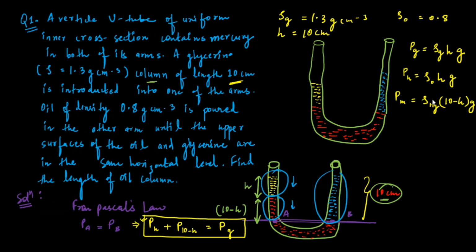Understanding the phenomenon is important, understanding how we are supposed to form the equation. Whenever you see such questions, you have to figure out two points. First, at what points we have the same pressure, and the pressure will be the same only at those points where the height is the same.